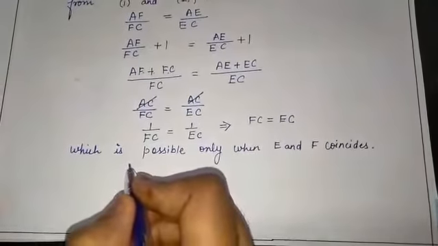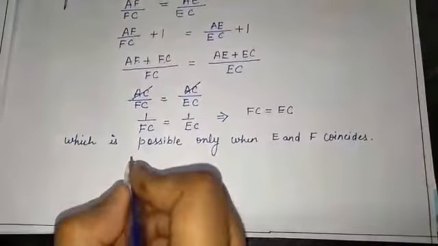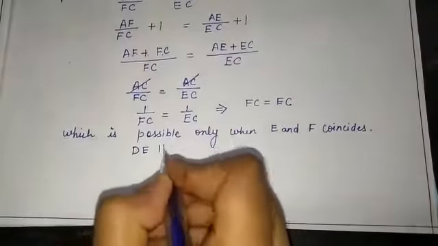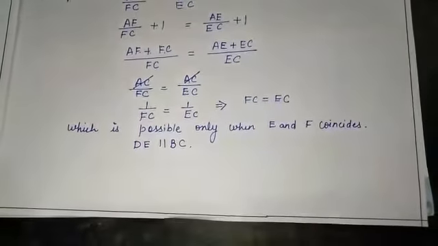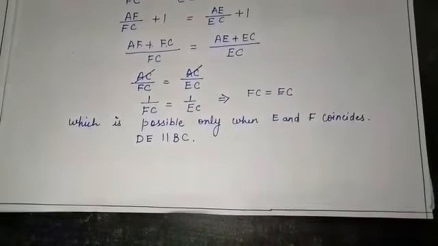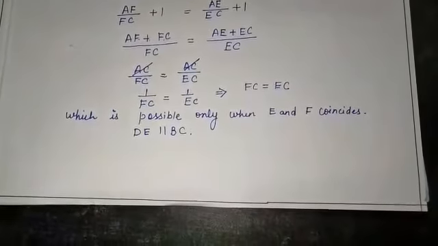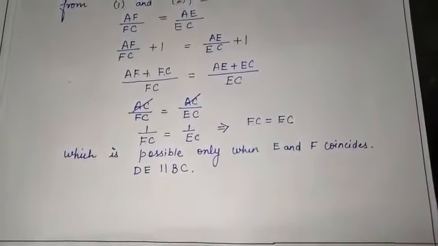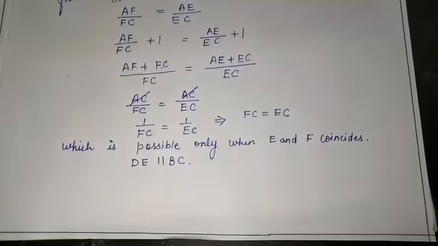So we conclude that DE is parallel to BC. This is the conclusion of the theorem, which is the converse of Thales theorem. Thank you.